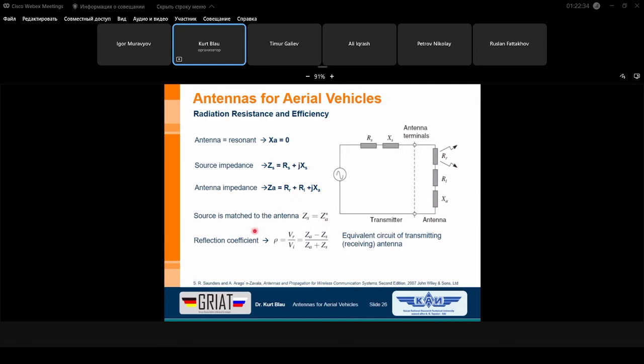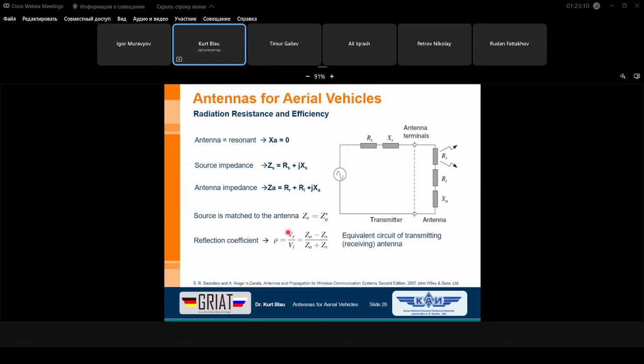Then, only looking to the future, you can express this behavior by a so-called reflection coefficient. We say it's rho, and this is the relation between two voltage wave components: voltage received by voltage incident.